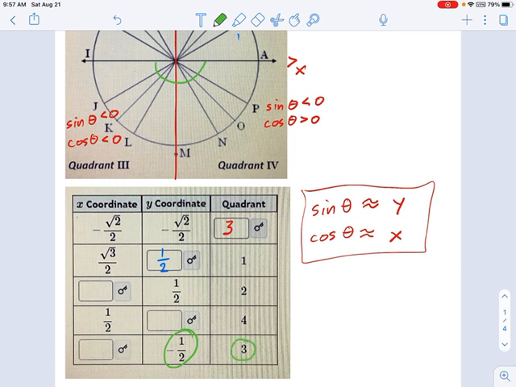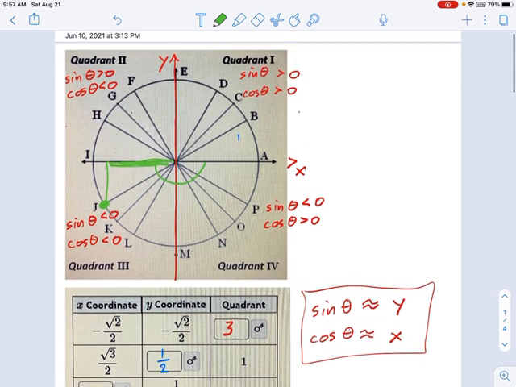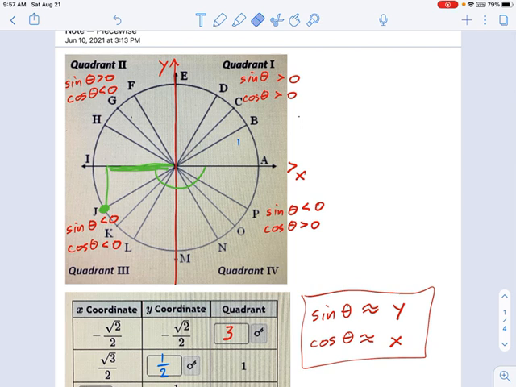So now, focusing on quadrant 3, the y coordinate is negative 1/2. That puts me down here. And that means the x coordinate, remember the x coordinate is the horizontal one, and that's long. If you remember short versus long in the unit circle, this is going to be negative square root of 3 over 2. And you can fill in the whole table that way, just with this argument of what's positive, what's negative on the unit circle.